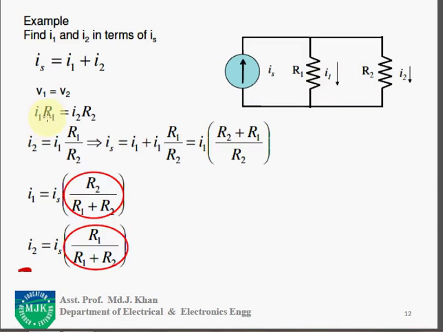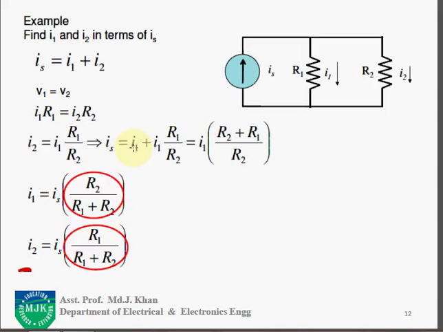V is equal to I into R, so V1 is I1 into R1, and similarly V2 is I2 into R2. I have equated both equations, so I2 is equal to I1 R1 upon R2.